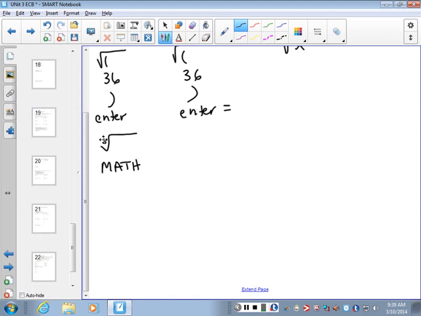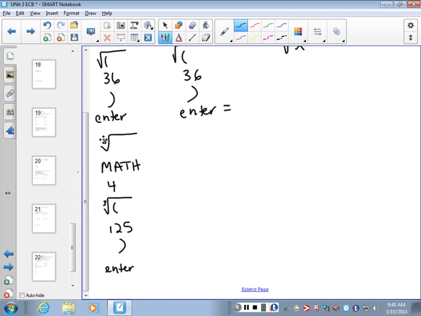If you then just type number 4, you can scroll and hit enter, but it's just quicker to hit number 4, and then you'll see the cube root open on your screen. Enter your number, which is 125, close, and then hit enter.